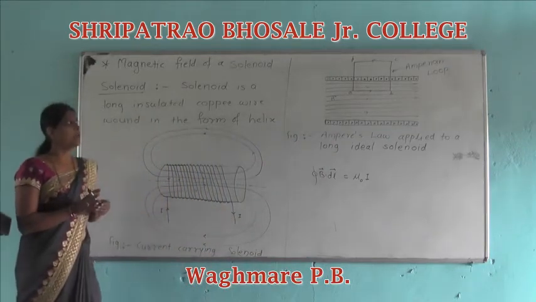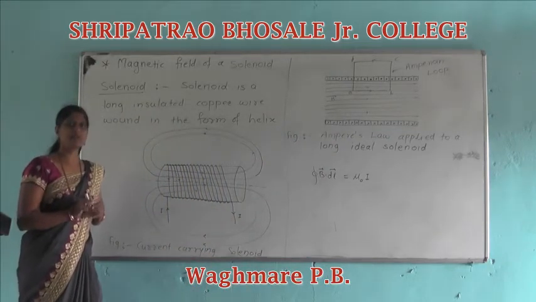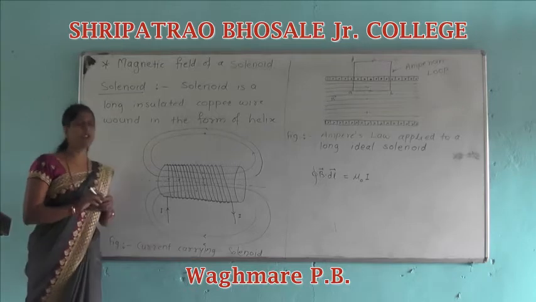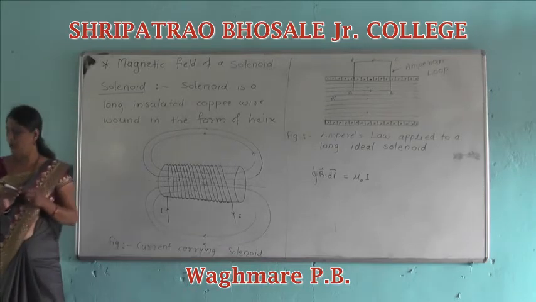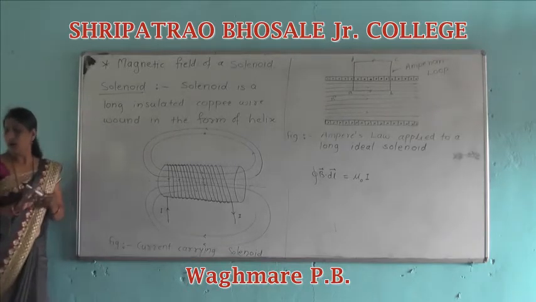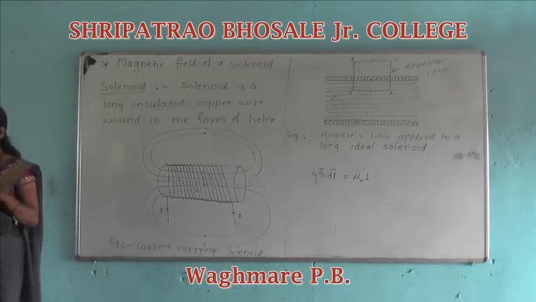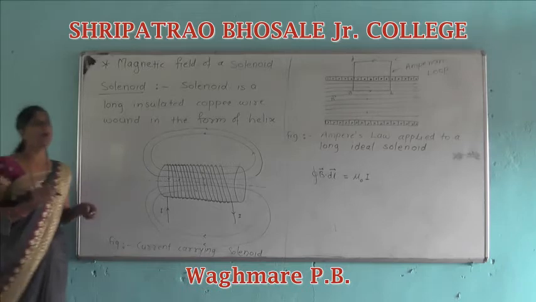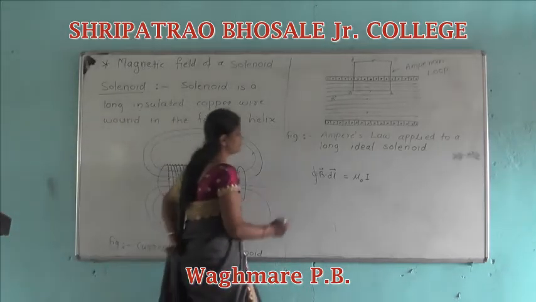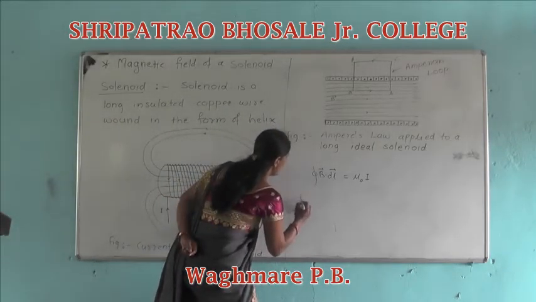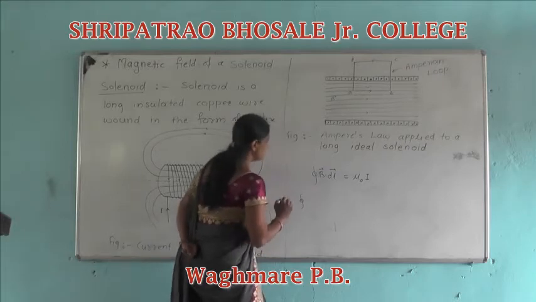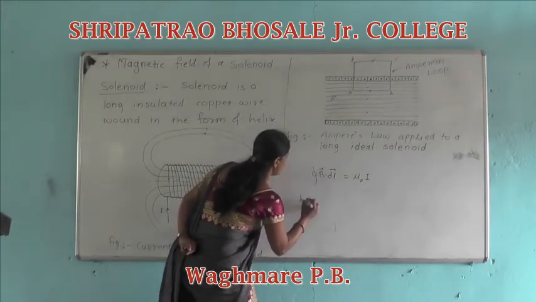Therefore, the total magnetic field due to this closed loop, over the rectangular loop ABCD, the above integration can take place like this: integration of magnetic field.